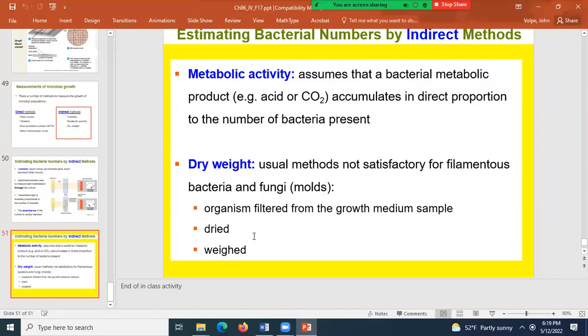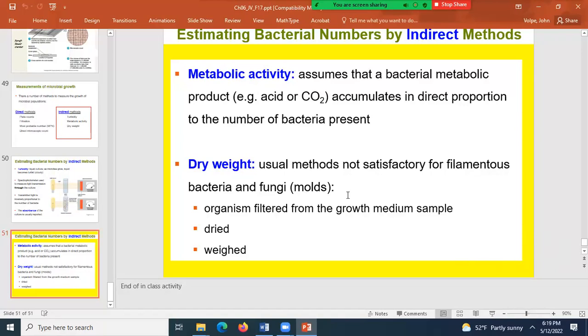You cannot tell in any of these methods what is a dead cell because it's going to add to the weight. Only the viable plate count counts viable cells. All right, any question about any of that?